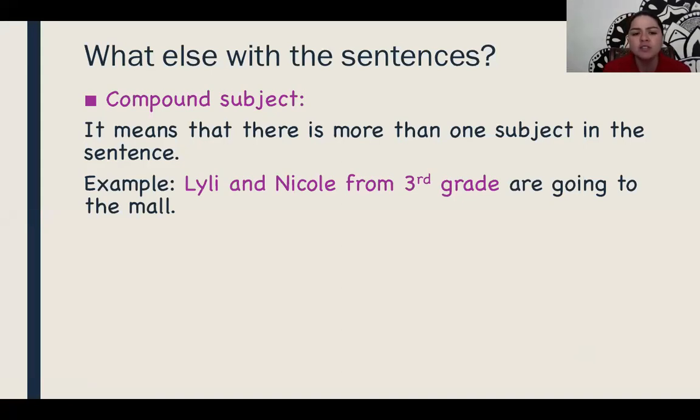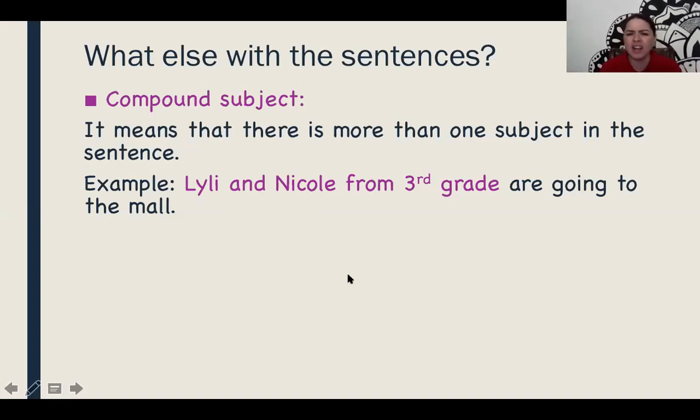How many subjects do I have? I have 2, okay, Lily and Nicole. I could write Lily, Nicole, and Maria Jose, and I would have 3 subjects. So my compound subject is when I have 2 or more.